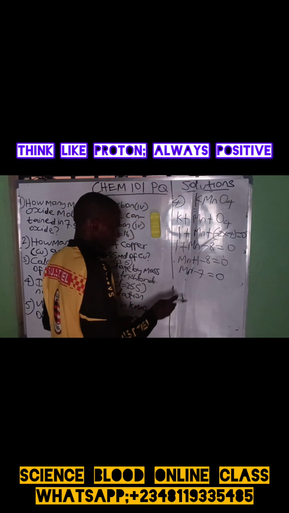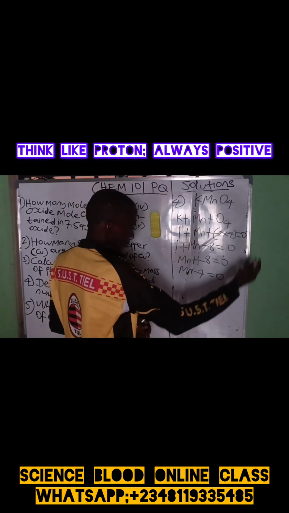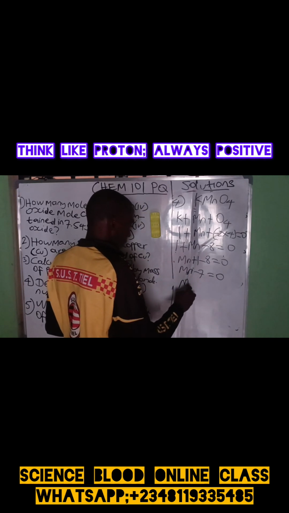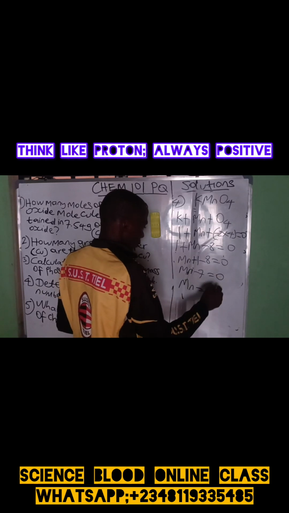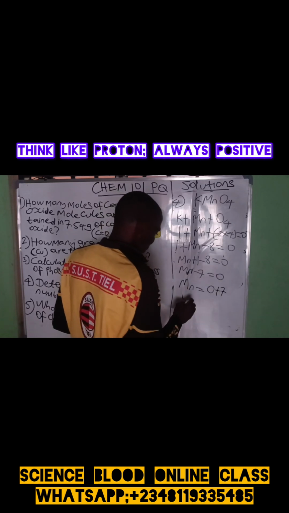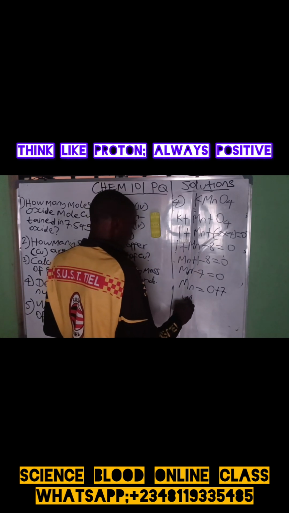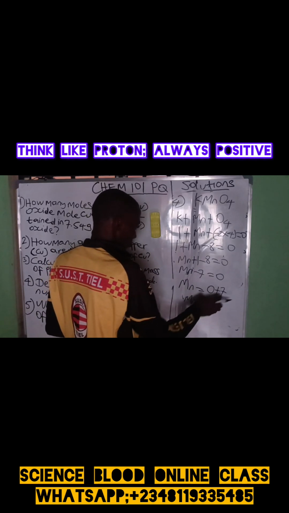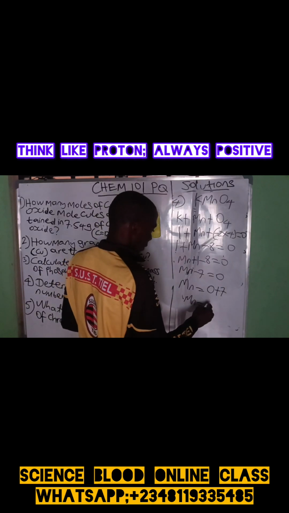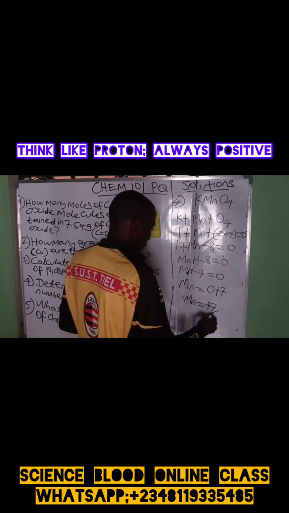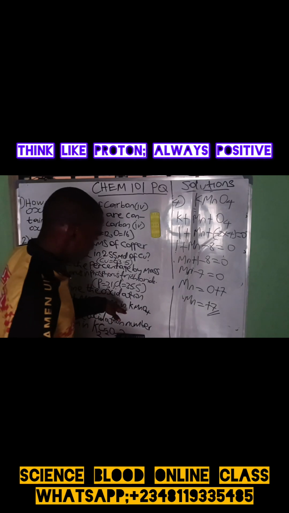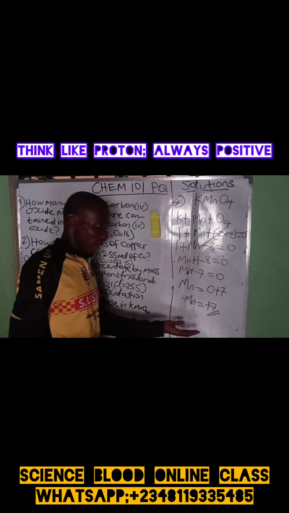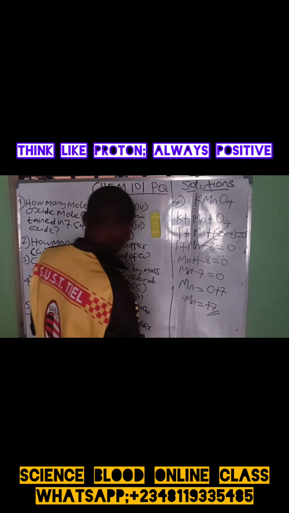The -7 will cross the equal sign to give us +7. Therefore, Mn equals 0 plus 7, which is 7. So the oxidation number of manganese in this compound, KMnO4, is +7. Okay, please copy fast.